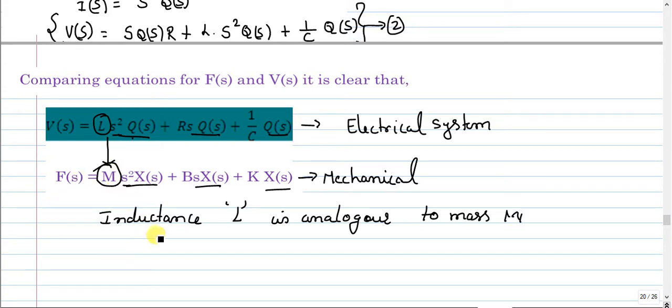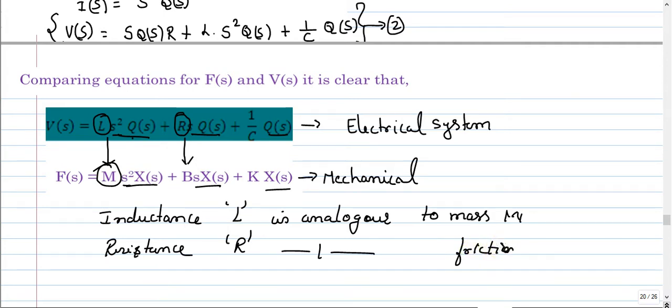And similarly, resistance R is analogous to the friction B. And finally, the capacitance. Okay, so capacitance, it is reciprocal. I can write reciprocal of capacitor.